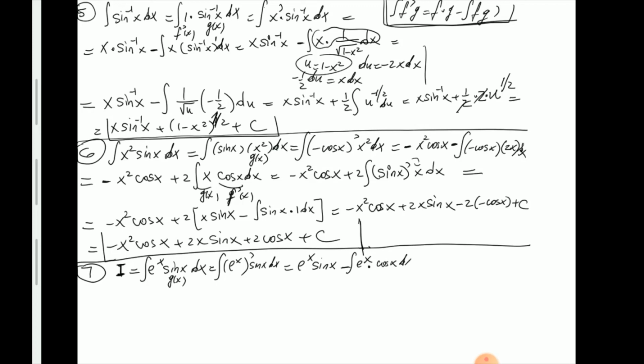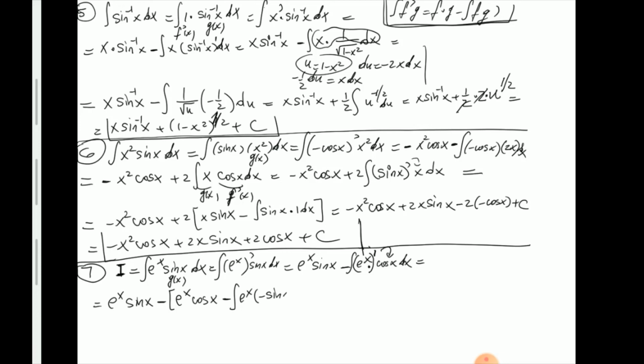And I'm going to do it by parts one more time. So I'm going to view again e to the x as a derivative. So carry over the first term. Open a big pair of parentheses here. So that's going to be e to the x cosine of x on the outside minus the integral of e to the x, and again move the derivative to cosine.